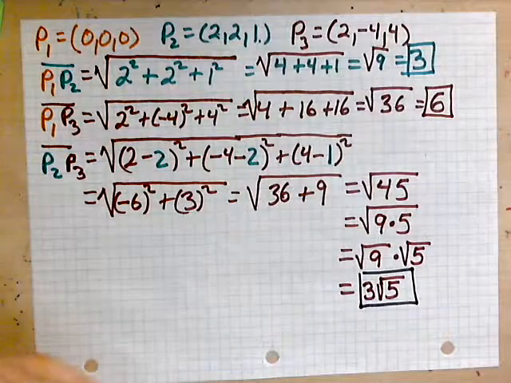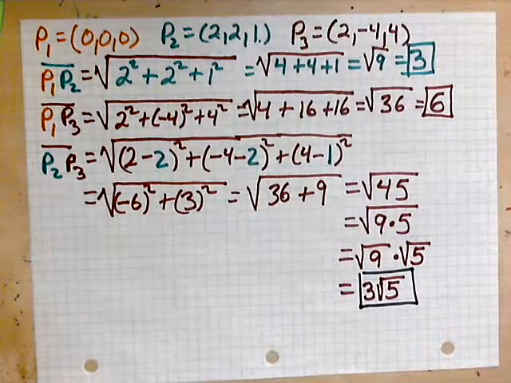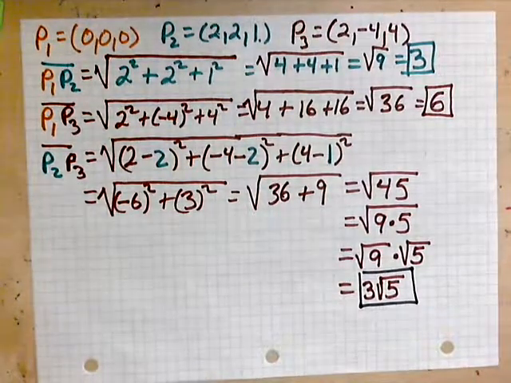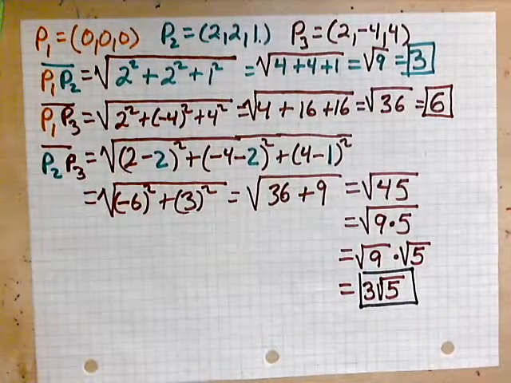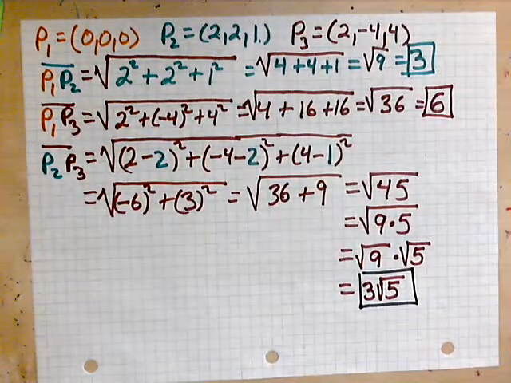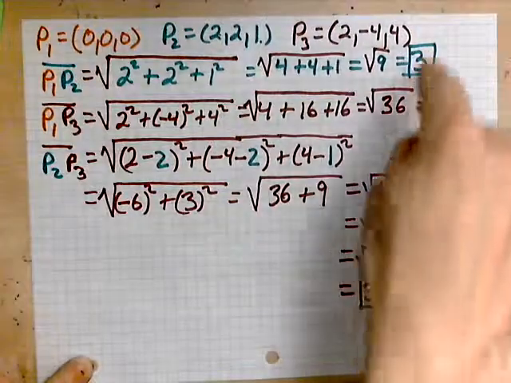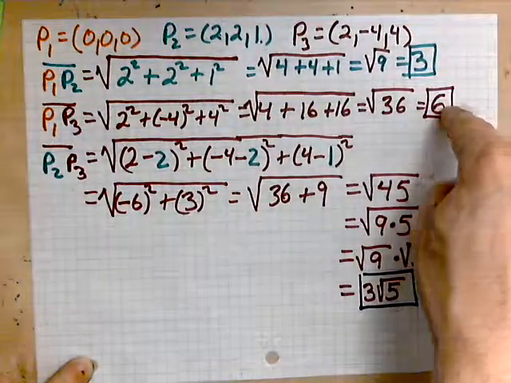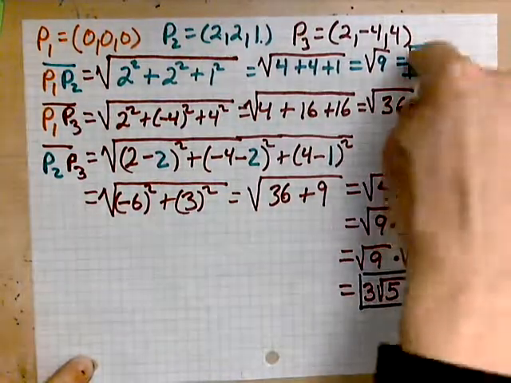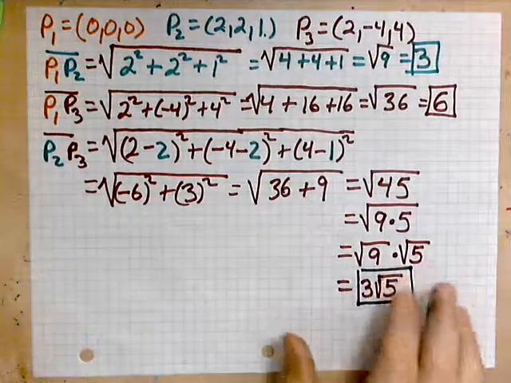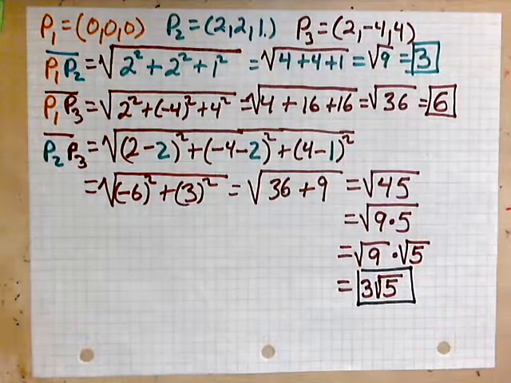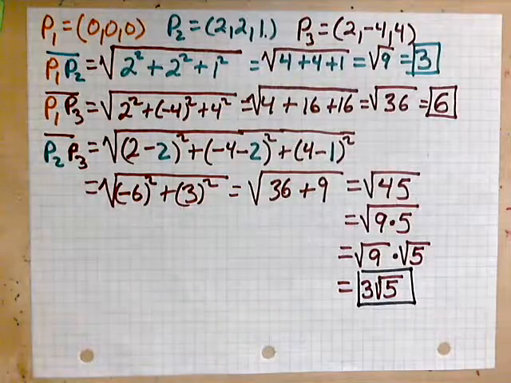And if that is the case, then we do have a right triangle. We don't have an isosceles triangle because you can tell these are all different from each other.